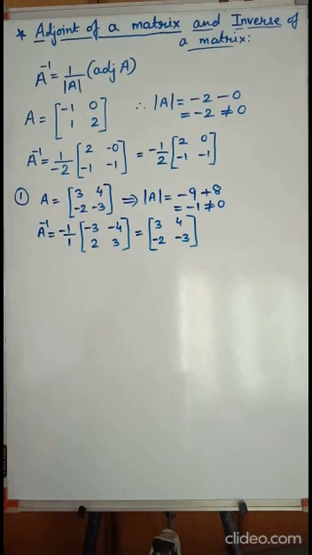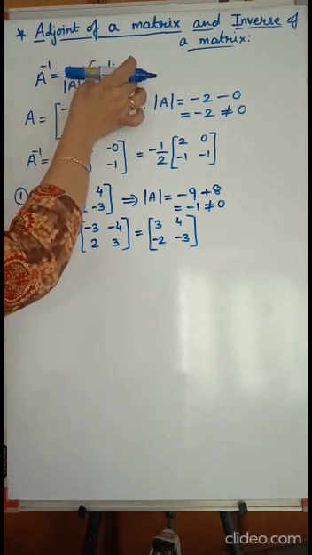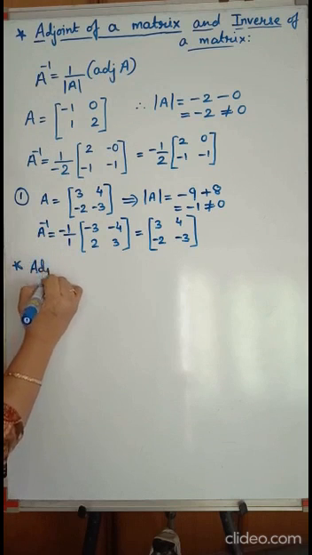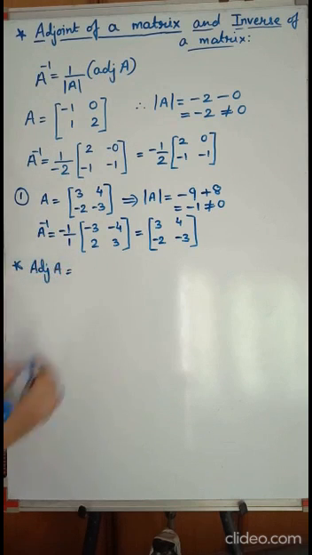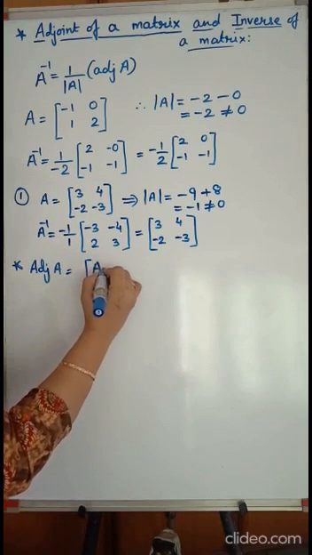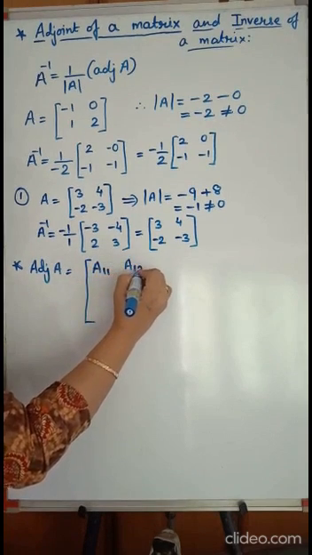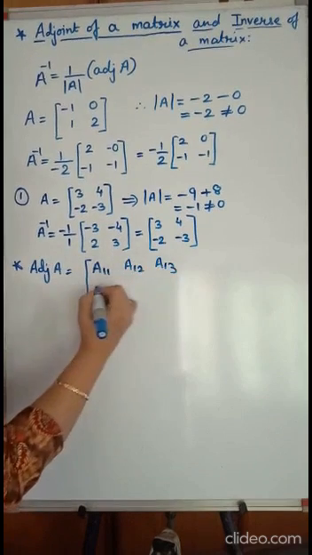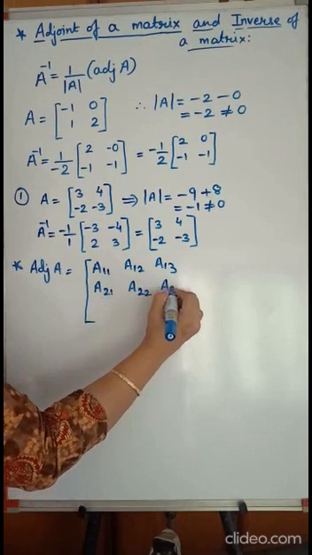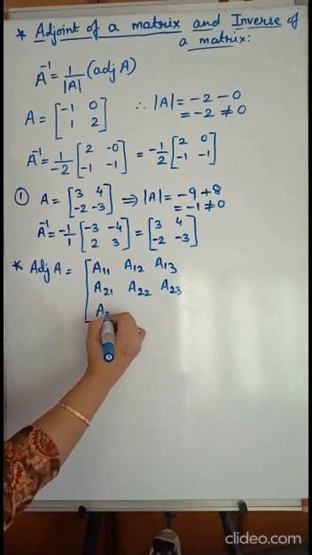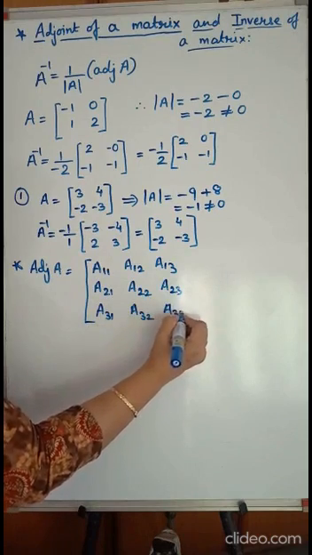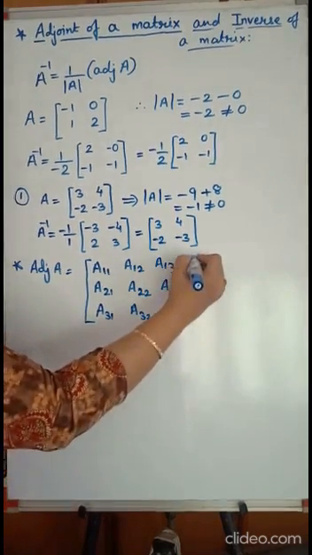Now for 3 by 3. Actually, adjoint of A means what? Now the main question. Adjoint of A is nothing but the cofactors A11, A12, A13, A21, A22, A23, A31, A32, A33 and its transpose.